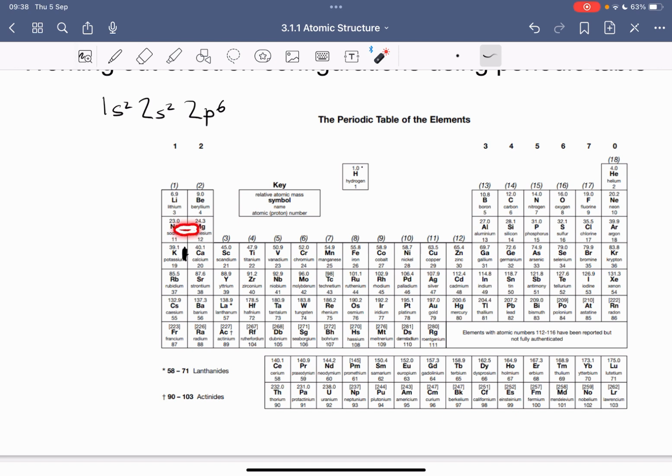Then 3s2. I've gone through these, so 3p6. And then I finish down here. I've only filled up one, so 4s1. So that's the quick way of doing this.